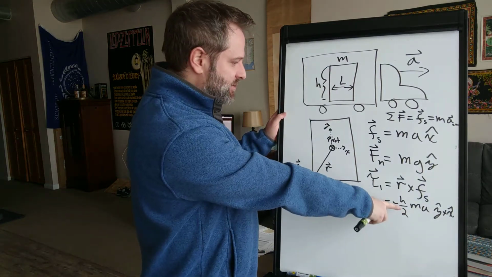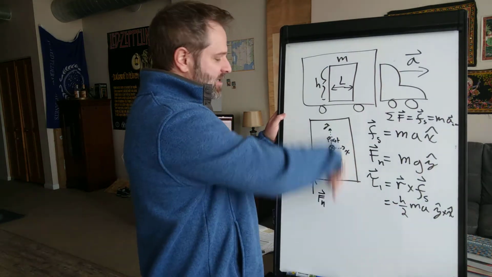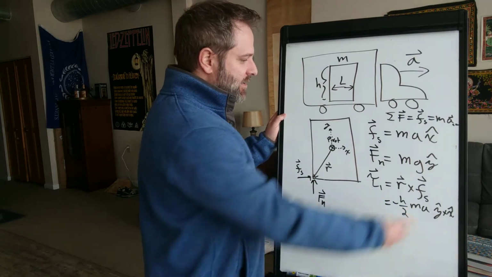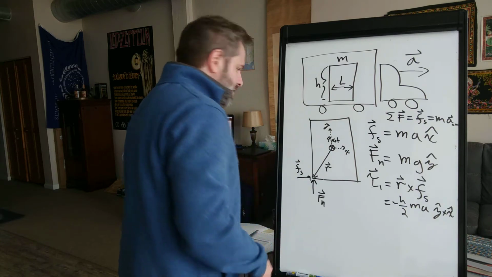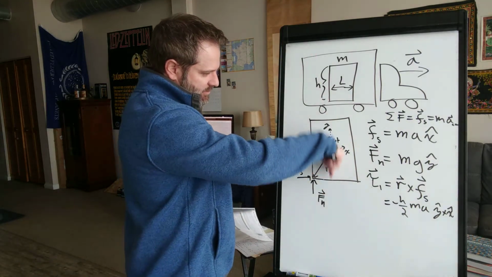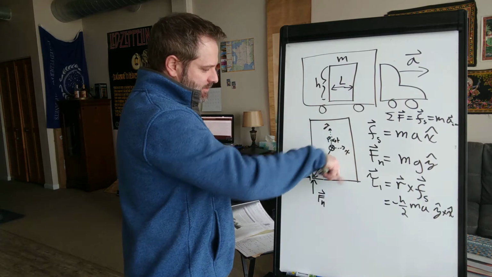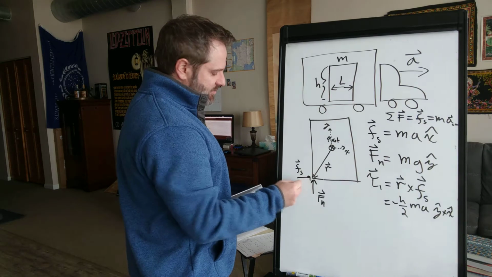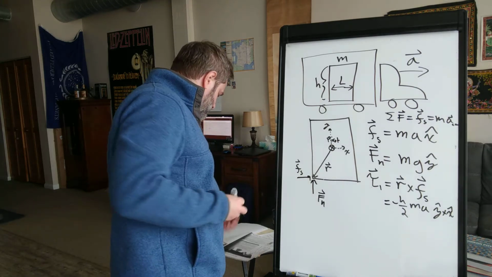So I've got h over 2, in the negative direction because it's pointing down, mass times acceleration. And then I have a y cross x for the negative y direction of the y component of this vector, and then the x component comes from the force of static friction.